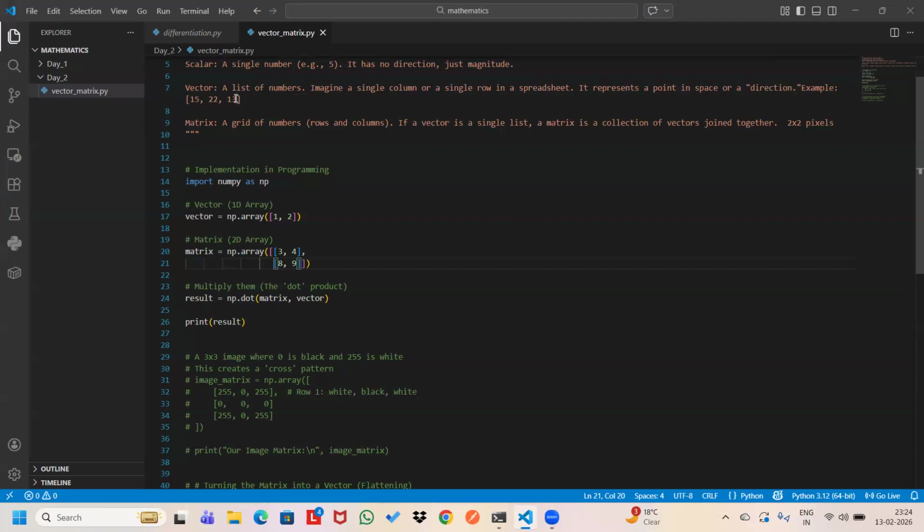These three numbers you are passing through a list, in vector form.